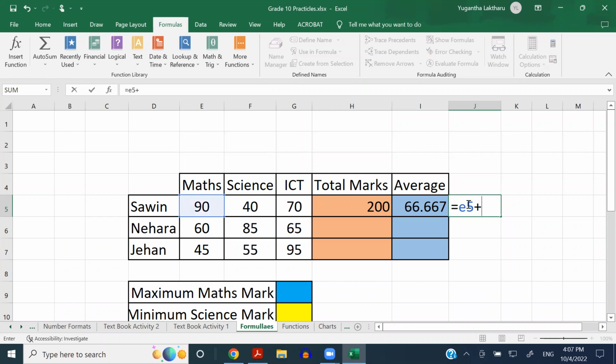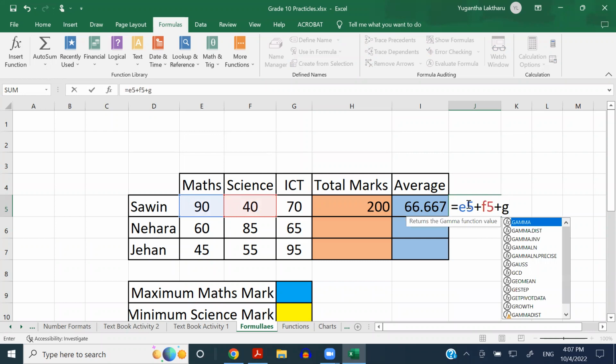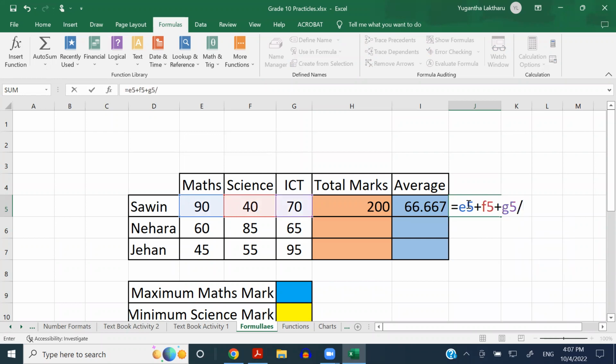E5 plus F5 plus G5 divided by 3. But you will see the answer is getting different if we write it like this. What's the problem in here? We can have the same answer over here with a small modification. So what's the mistake I have done?